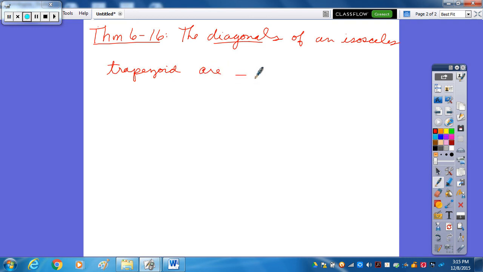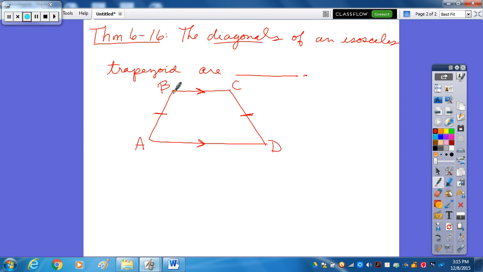The first thing I want to do is draw an isosceles trapezoid here. Using this new marking tool isn't always the easiest. Okay, isosceles trapezoid A, B, C, and D. Here's what I want you to look at.